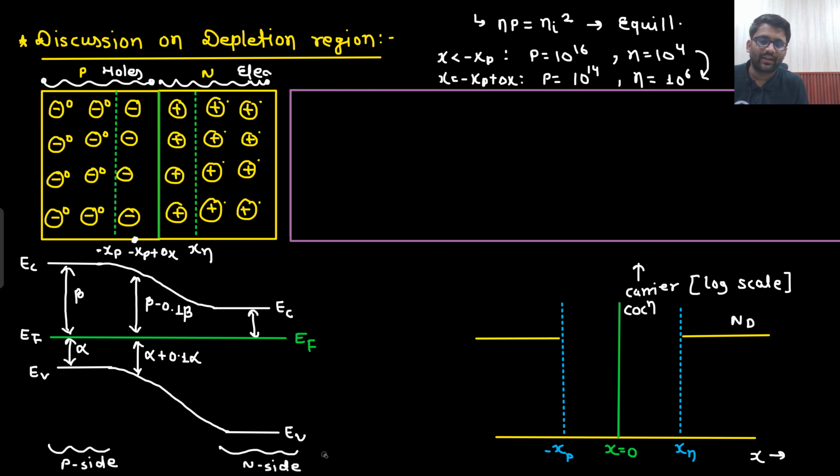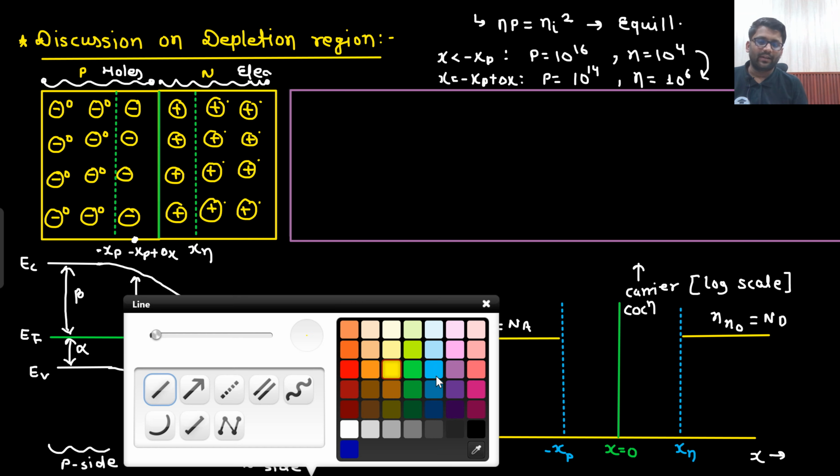Or better, I should write down here the number of holes on the P side under equilibrium, that is equal to Na. And here I should write the number of electrons on the N side under equilibrium. That was Nd. Again, under equilibrium condition only I am making this.